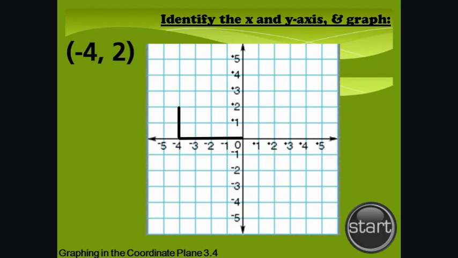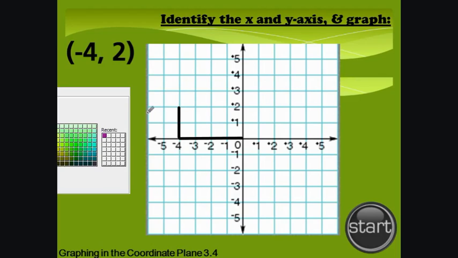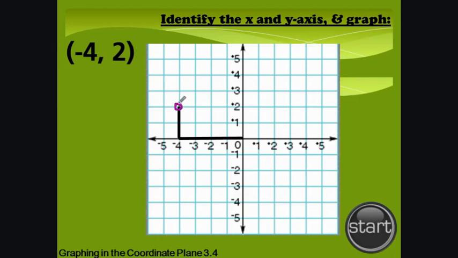So then we would plot our point. I'm going to use purple to be right here on our coordinate plane. So plot -4, +2. And that is in quadrant 2. A negative x coordinate and a positive y coordinate.